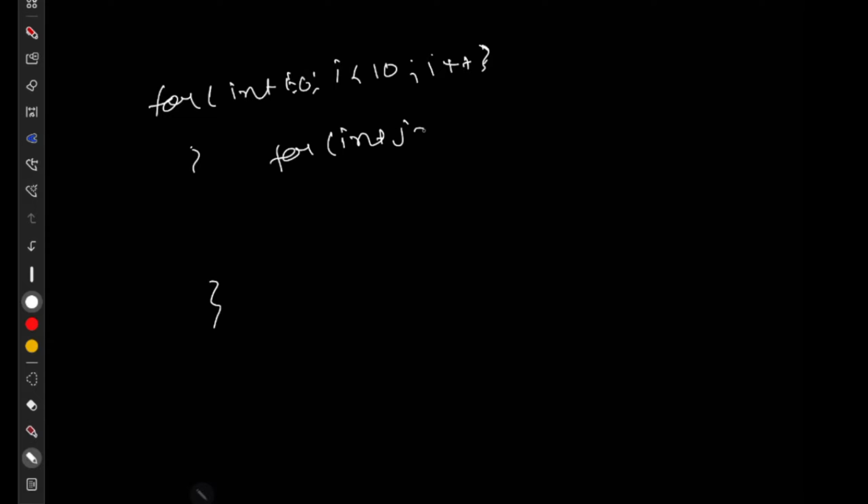Let's take an example to write and understand time complexity. Let's say there is code like this: for int i equals 0, i less than 10, i plus plus, and there is another for loop, for int j equals 0, j less than n, j plus plus.